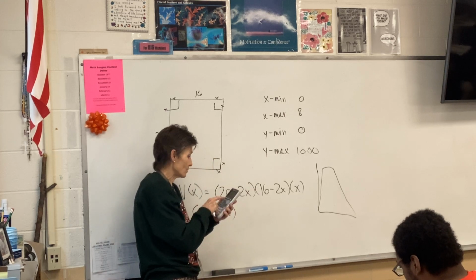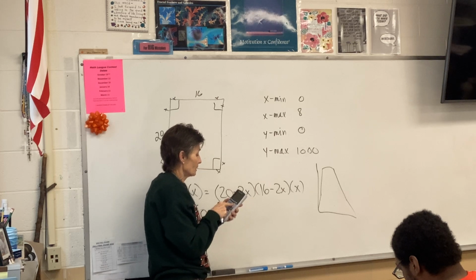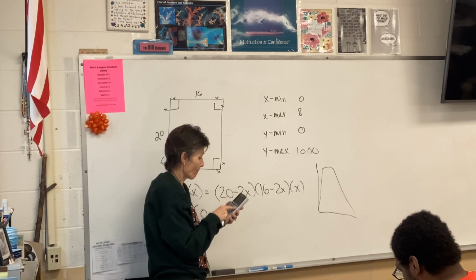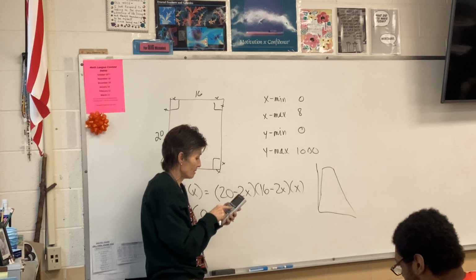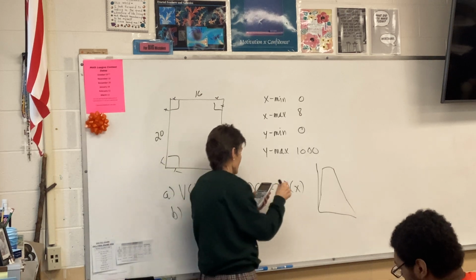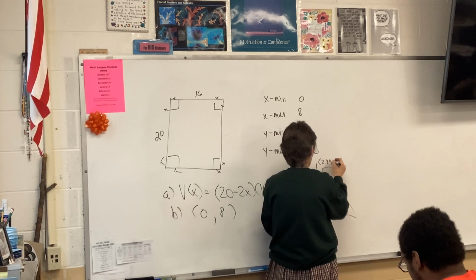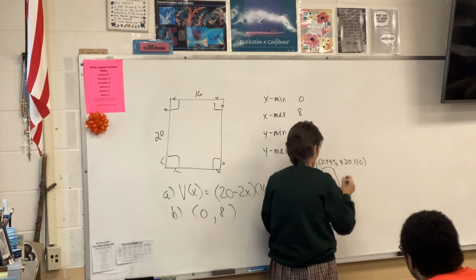Okay, then I'm going to second calc, max, left bound, right bound, and maximum. I got 2.945, 420.110.